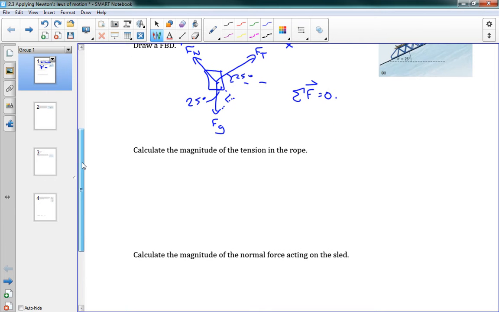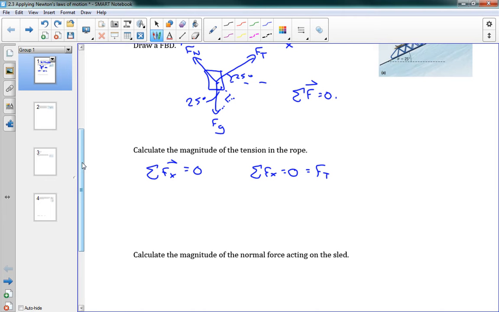So let's take a look at this here. If I say that x is in the direction of the tension, well, I know that the net force in the x dimension is 0, because the net force in all directions is 0. So, I can say here the net force in the x dimension is equal to 0, which is equal to, now I'll just look at the net force in that dimension.